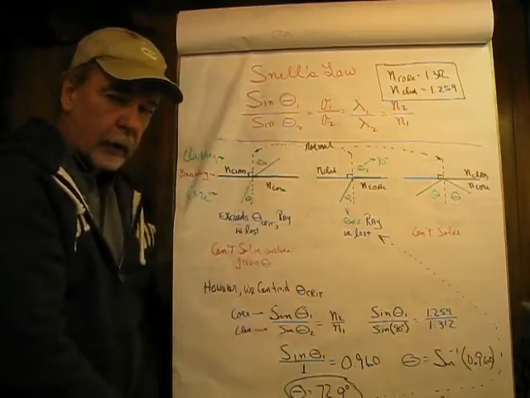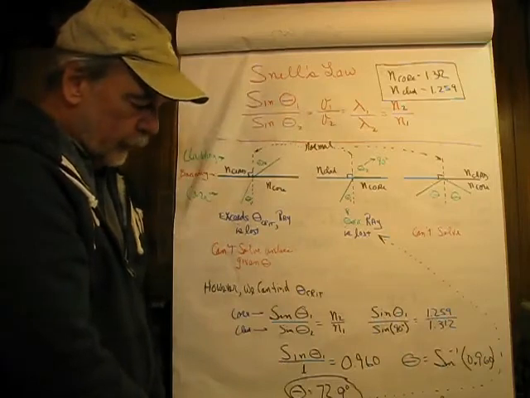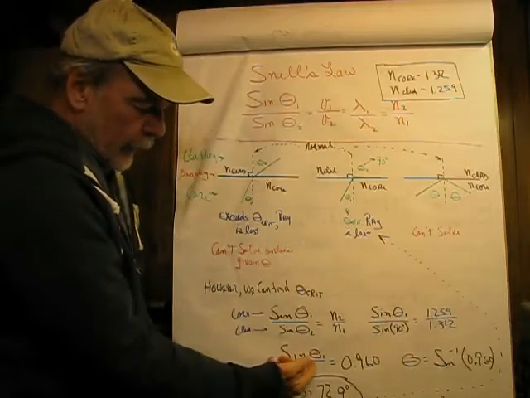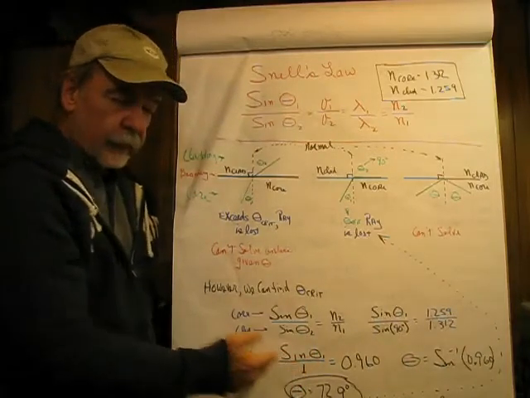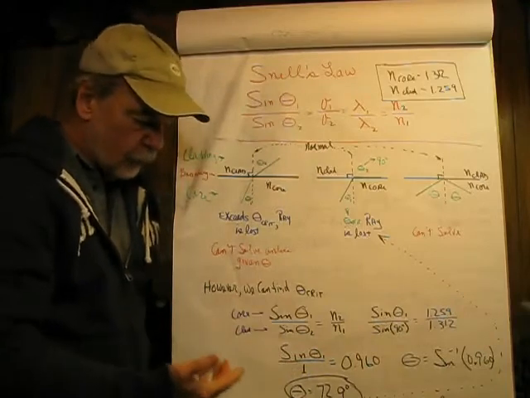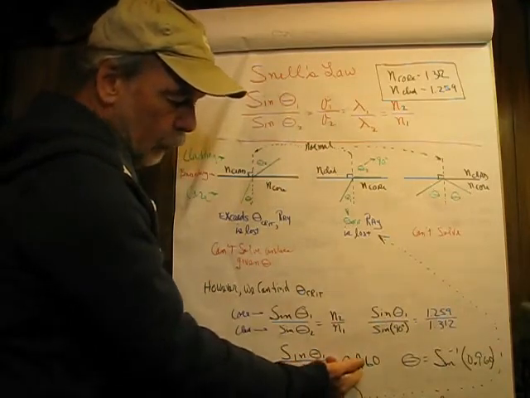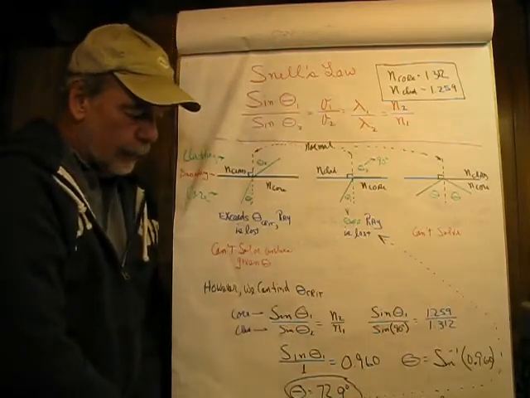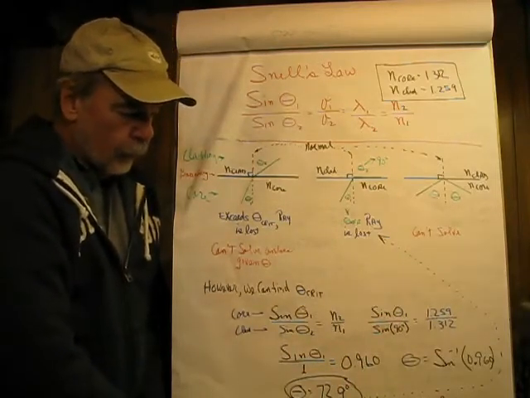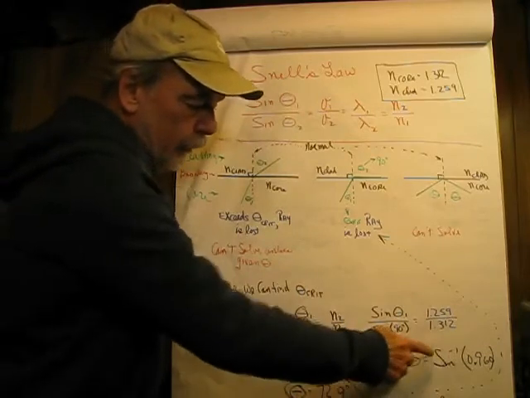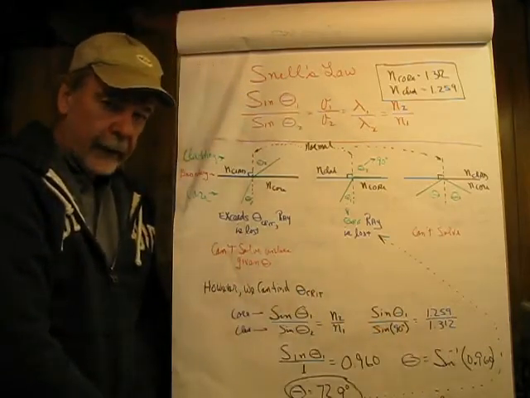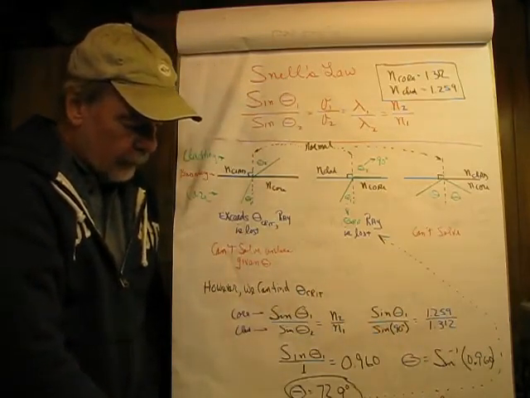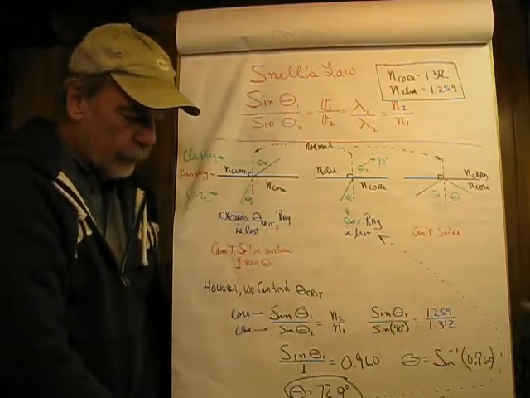It's called the critical angle. Working this out, I have the sine of the angle divided by 1, because the sine of 90 degrees is 1, and that equals the ratio of these two, 0.960. So the angle is equal to the inverse sine of that, and in degrees that comes out to be 72.9 degrees.